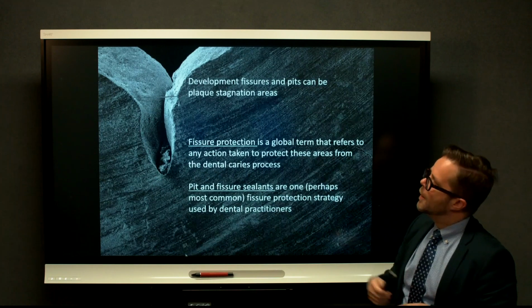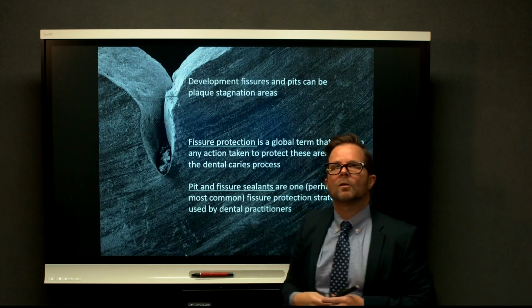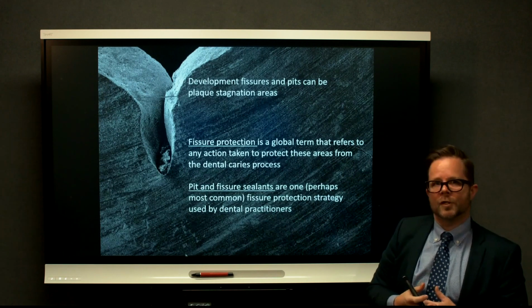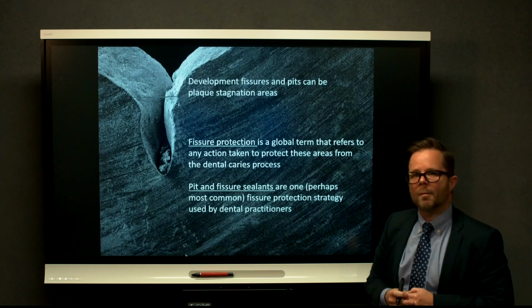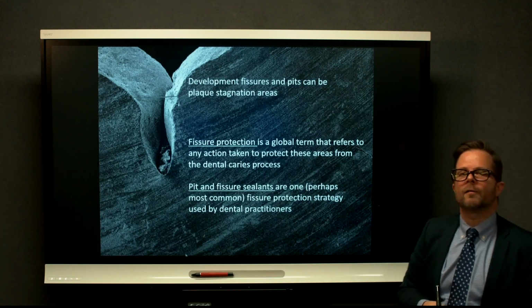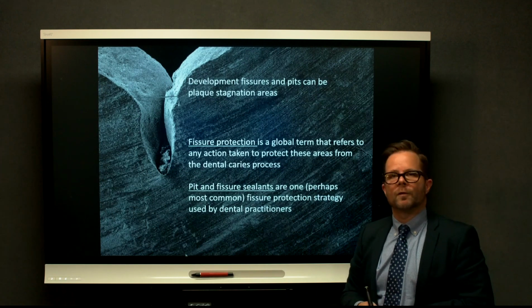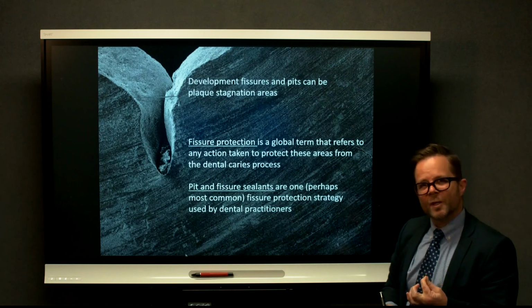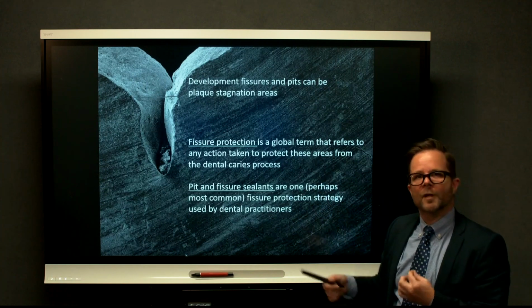It could be that we place a material across the entrance to this fissure to occlude the fissure, and that is the fissure sealant. Each of these things can protect the area from tooth decay or dental caries, and therefore is referred to as fissure protection. The specific things we do to protect the fissure then have different names.